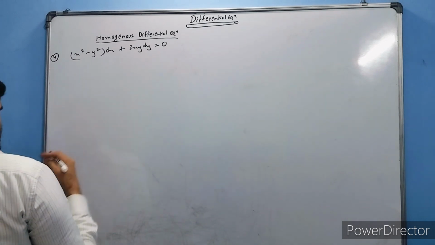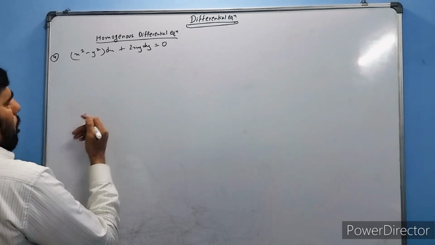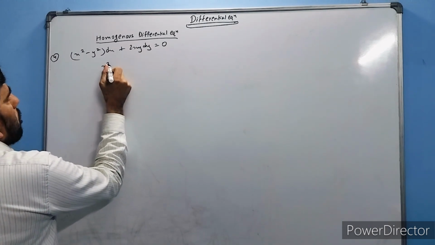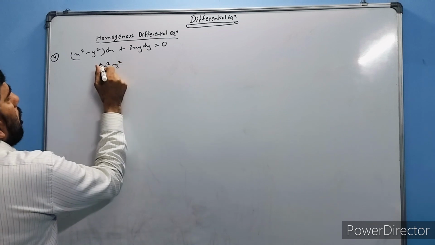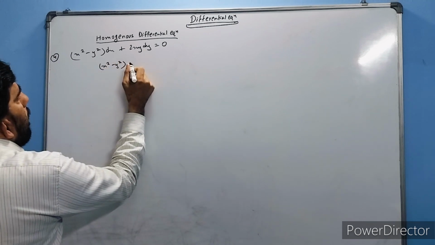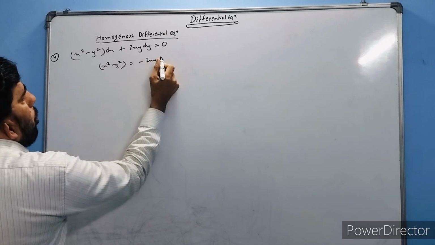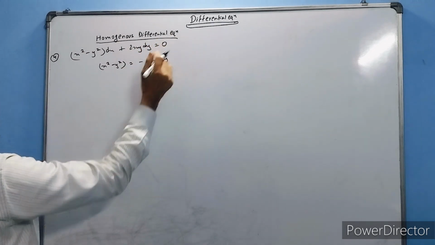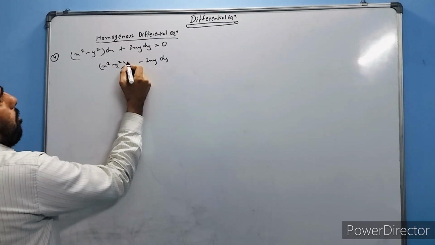That is in a very simple way. So x square minus y square is equal to minus 2xy dy. I have taken that side, and here we have dx.